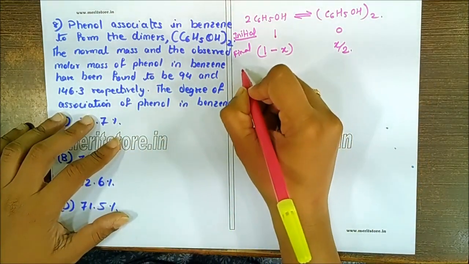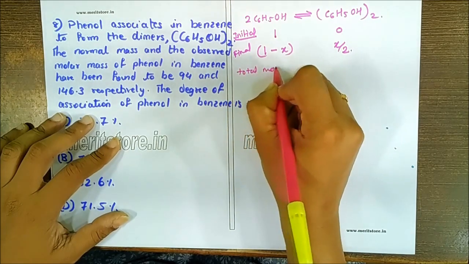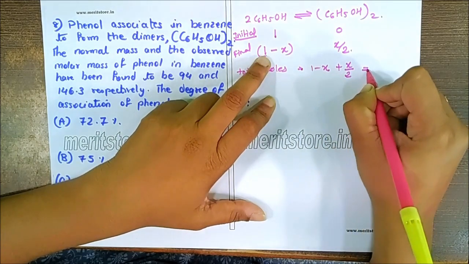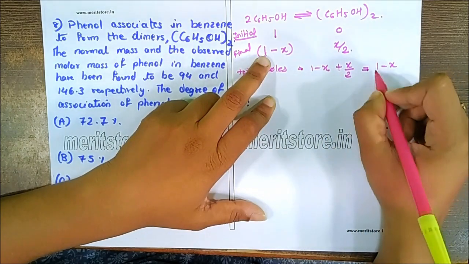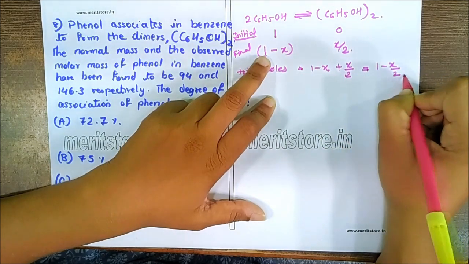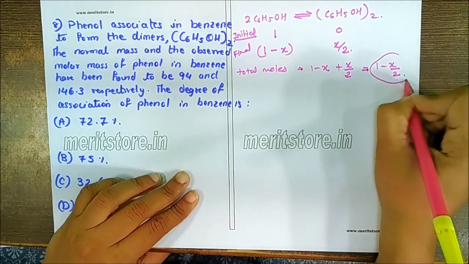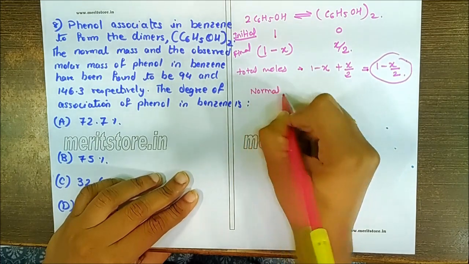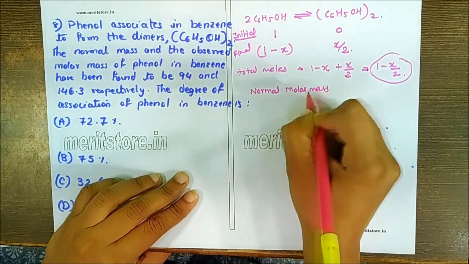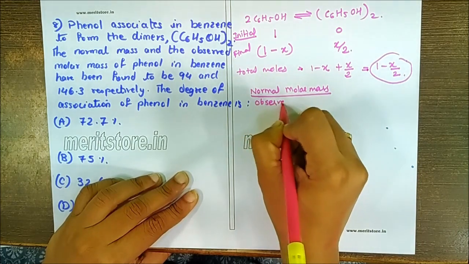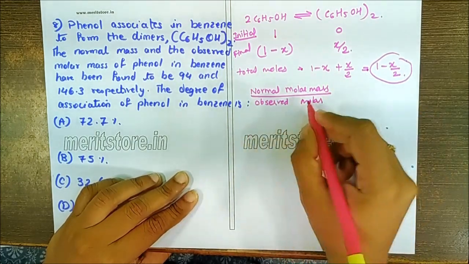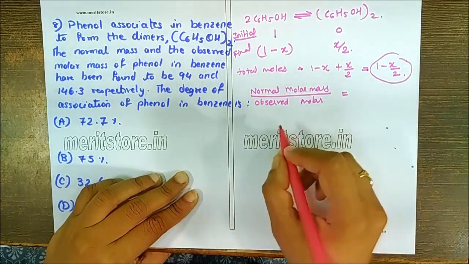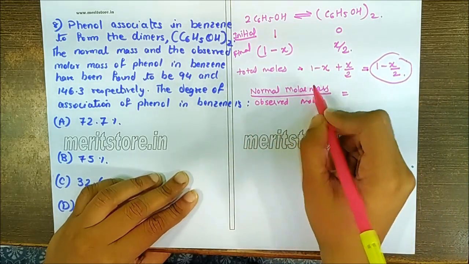Now from here, the total moles will be 1 minus X plus X by 2, so that comes out to be 1 minus X by 2. When we talk about the normal molar mass upon the observed molar mass, this is the same as normal moles upon observed moles.